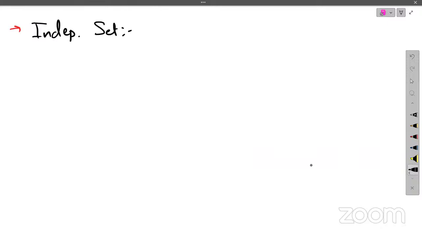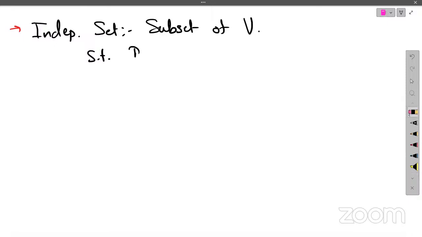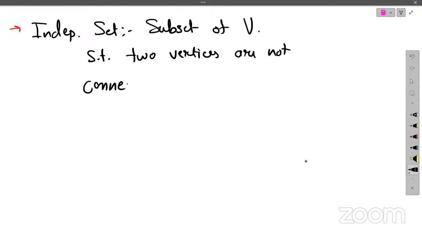So an independent set is again a subset of vertex set V, in such a way that two vertices are not adjacent to each other. So that means in such a way that two vertices are not connected by a direct edge, connected by a single edge.